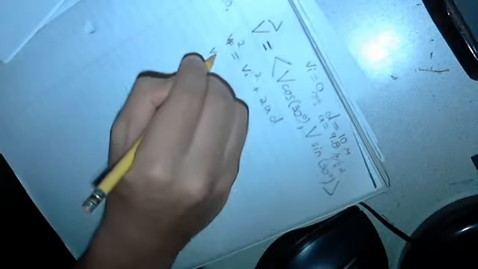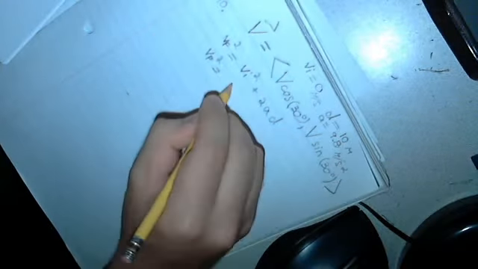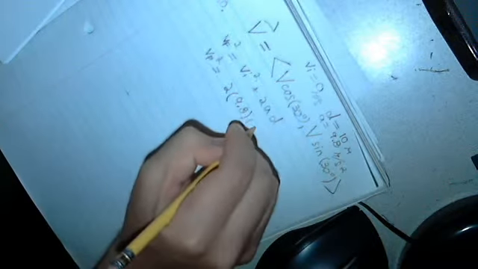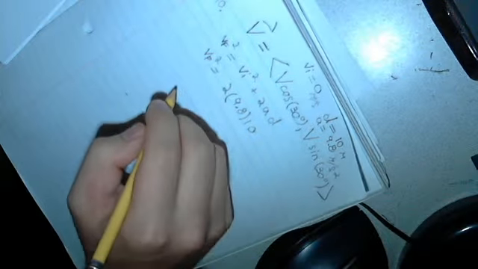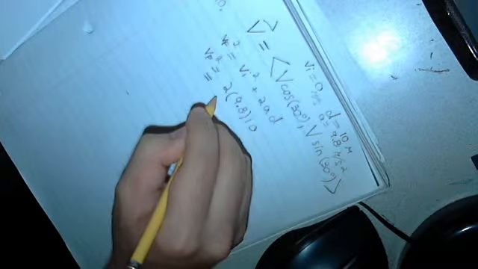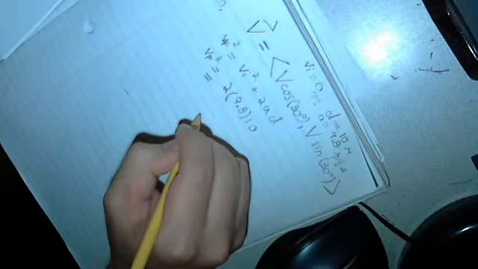Now we're going to start plugging that in to solve for Vf. Vf squared is then equal to 0 plus 2a, which is 9.8, times 10. 9.8 times 10 is 98, and then 98 times 2 is 196.